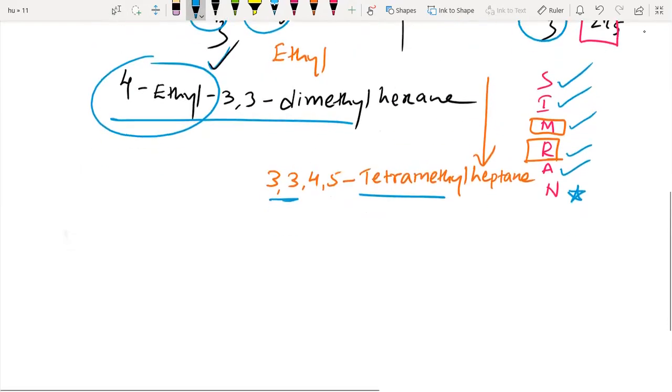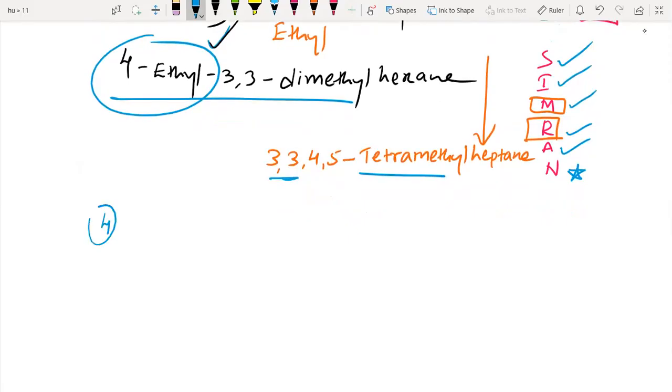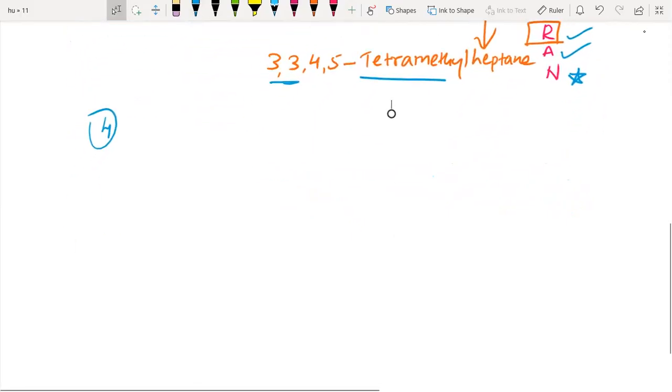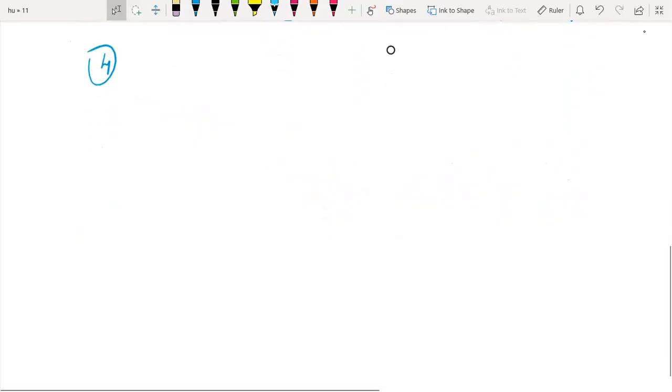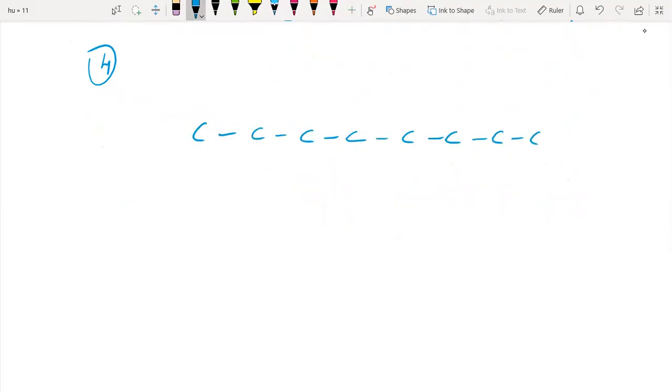Okay, example number 4. Okay. Say I'll write this. Say this example.